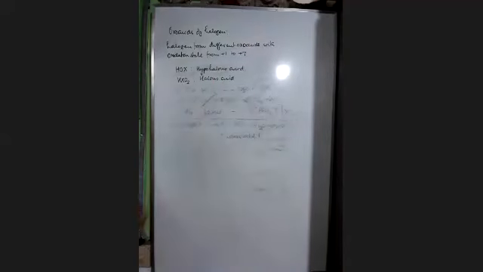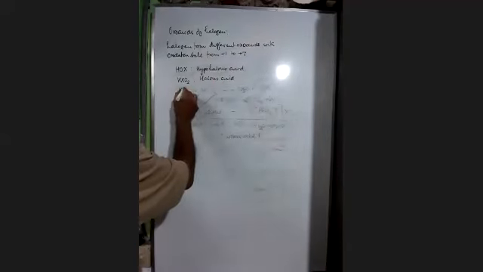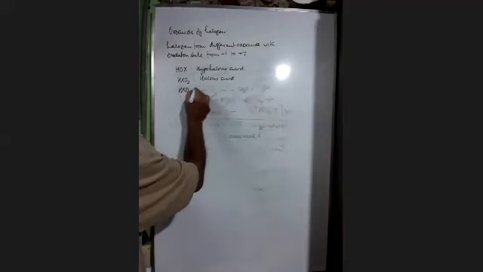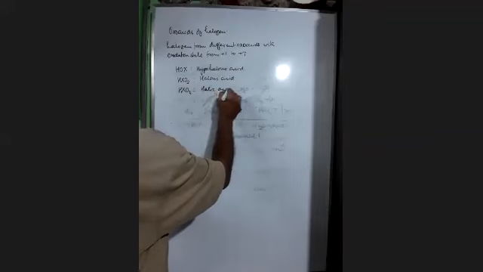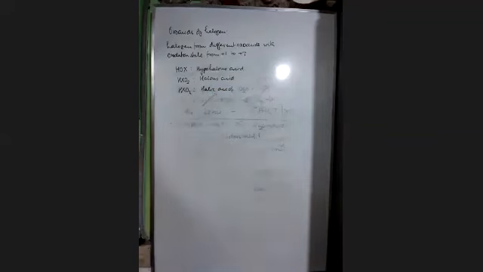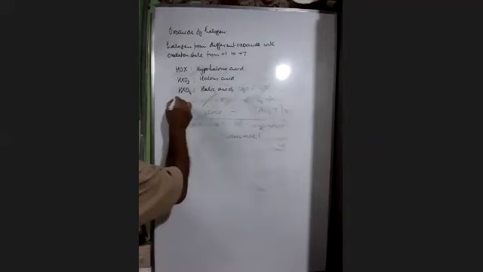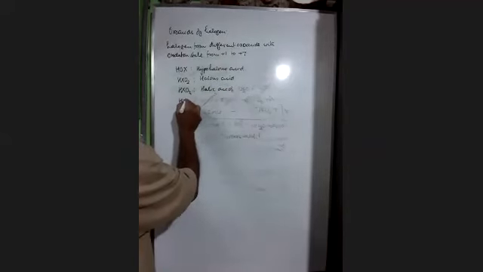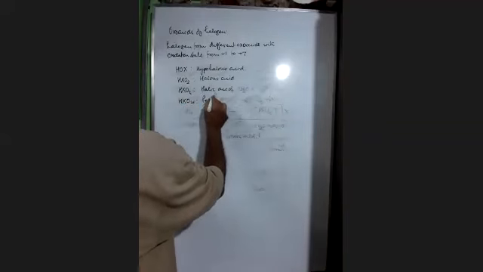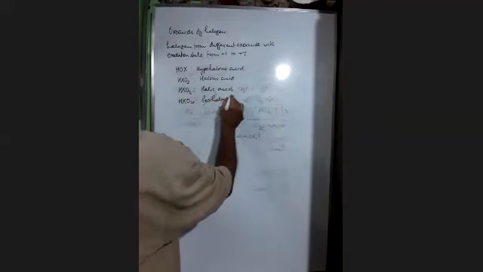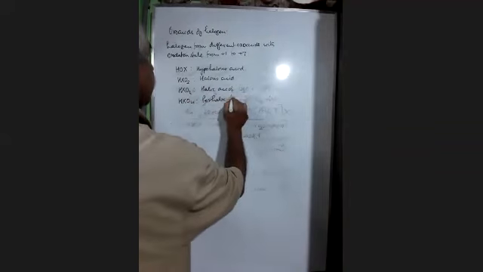Okay. If it is HXO3, we call it halic acid, like HClO3. We call it chloric acid, bromic acid, iodic acid. And if it is HXO4, we call it perhalic acid.